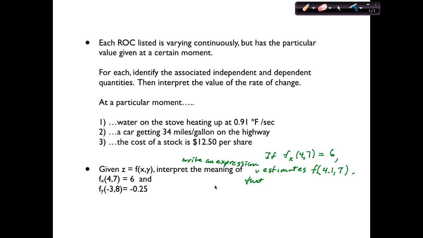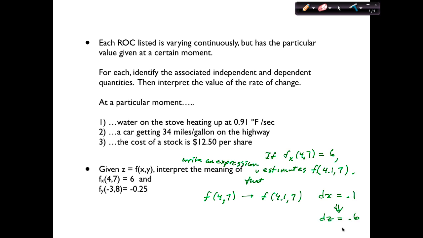So basically, most of you got the fact that, what's the change in x? No, the change in x, dx is 0.1. And then we know that from the rate of change, the corresponding change in z will be 0.6.